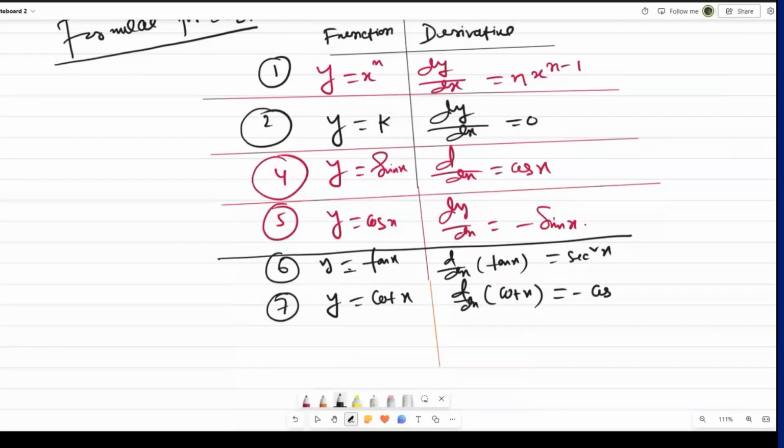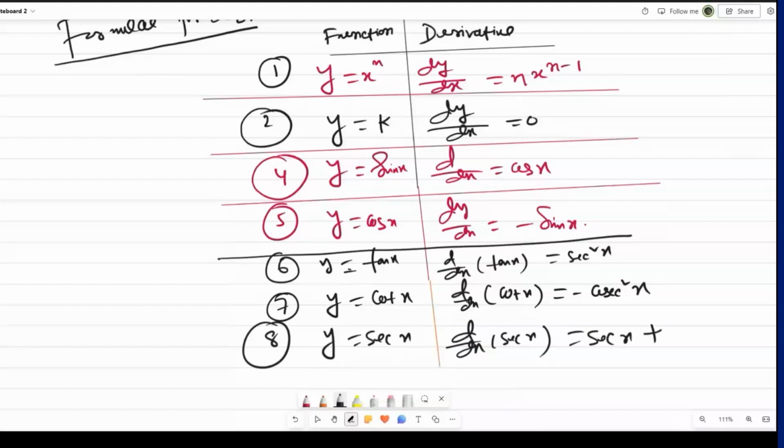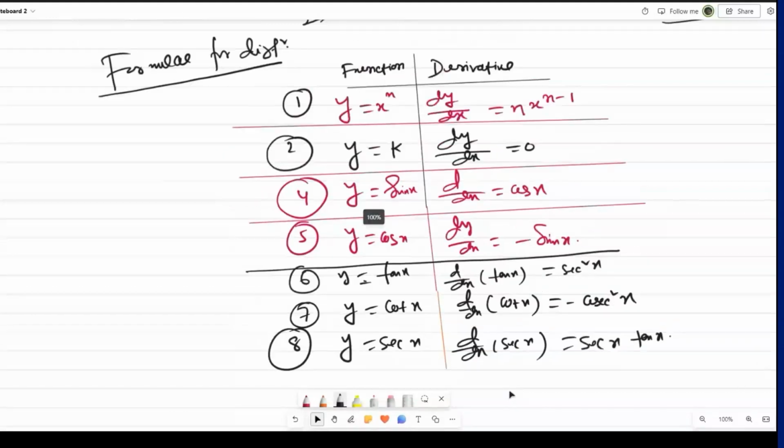This will be minus cosec square x. And d/dx of sec x will be sec x into tan x.